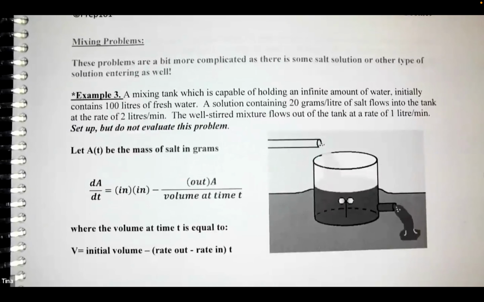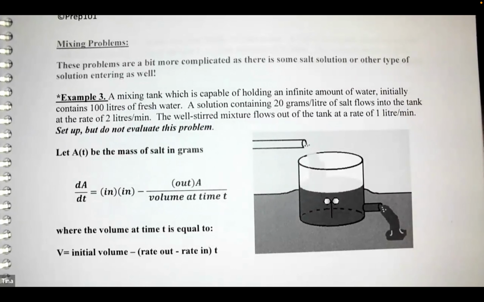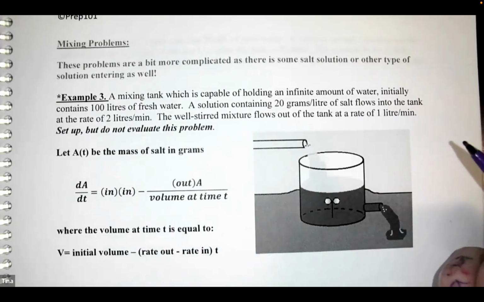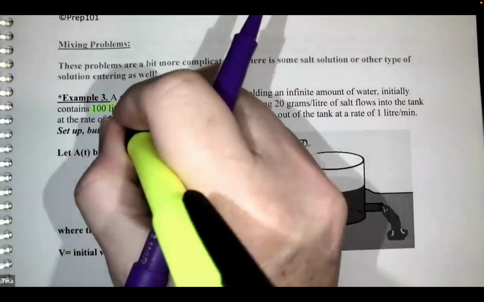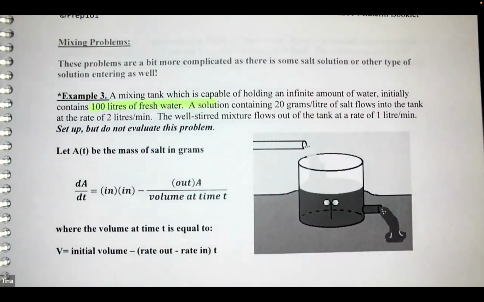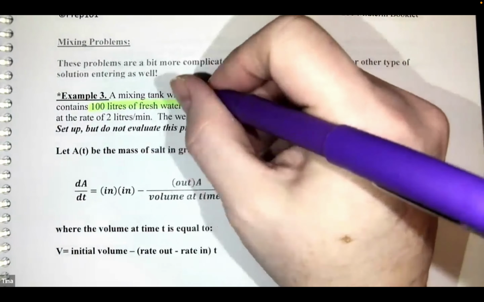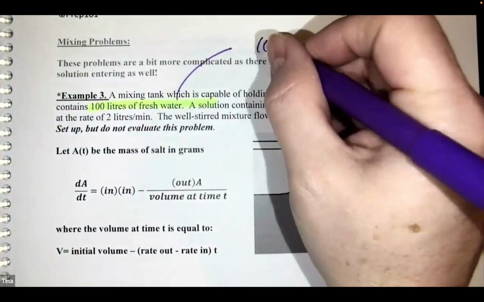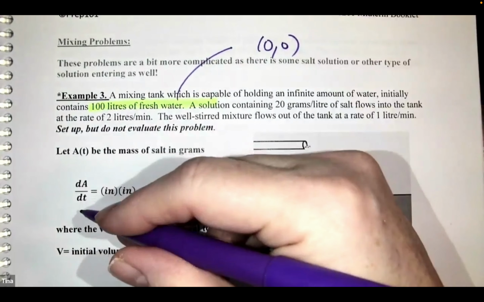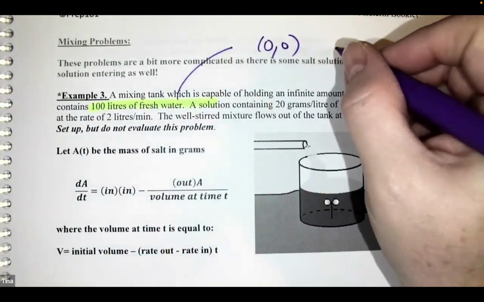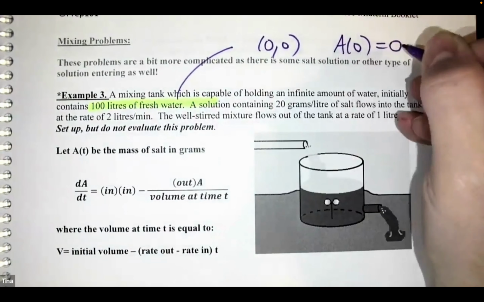The type of question that they typically ask on the exam is some kind of salt solution or brine solution problem. They give you some mixing tank, and they'll either tell you that it's full of so much salt or it's fresh water. If it's fresh water, then our initial condition is 0, 0. Or if you want to use the variable A like I did, you can say A of 0 is 0.